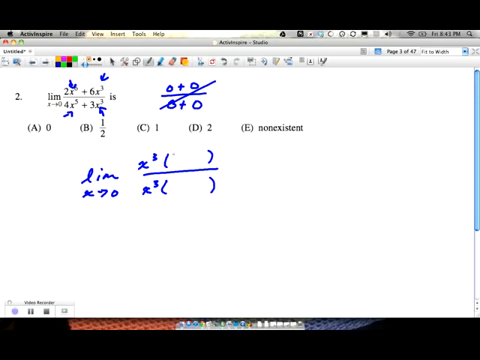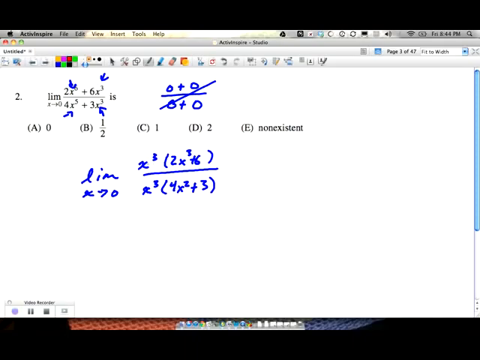So if I factor out x cubed, up top I would have 2x to the third plus 6, and then on the bottom I would have 4x squared plus 3.